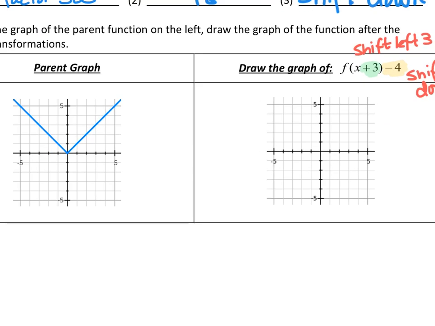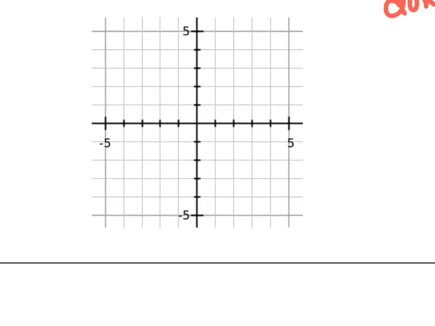So what I'm going to do is take what was the vertex, that center point of the original graph, and start by shifting that left 3 and down 4. So if I go to the left 3 and down 4, my new vertex is going to be right here.